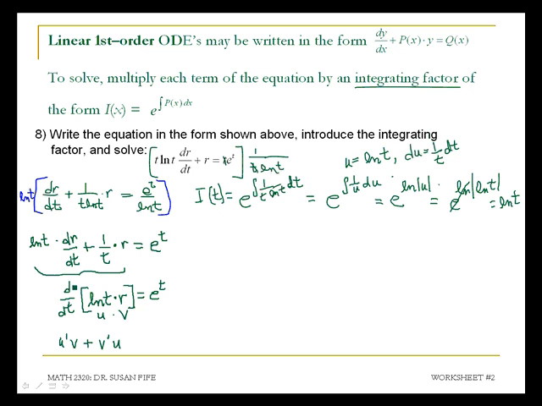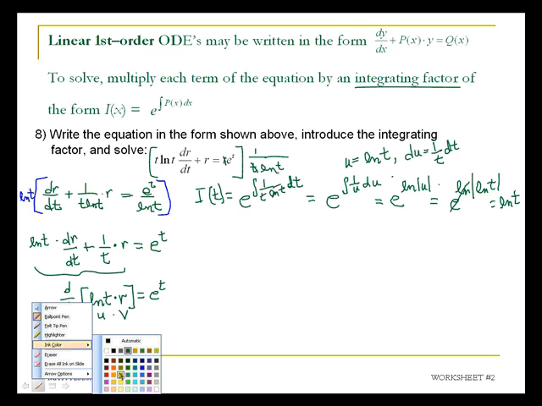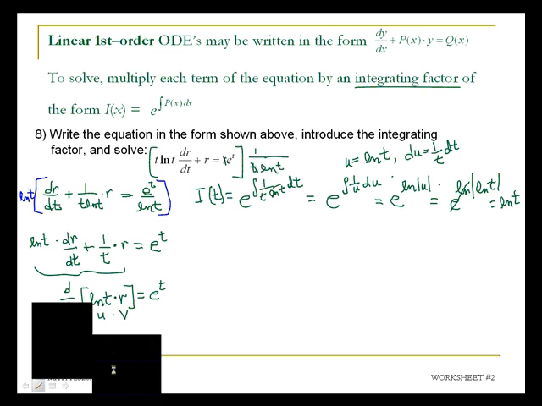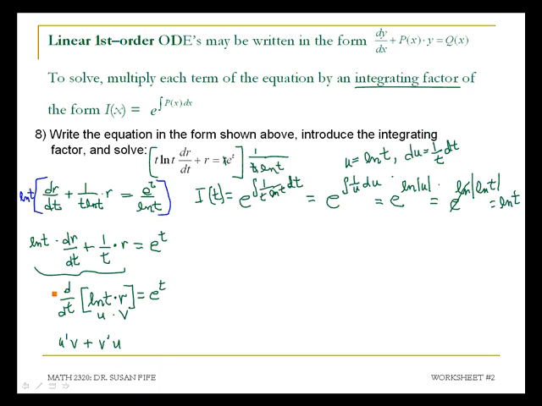Okay, once you write that side as a single derivative, then the goal is to undo that derivative. And we can undo that derivative by integrating with respect to the same variable. Integrate with respect to t. Do that operation to both sides of the equation.